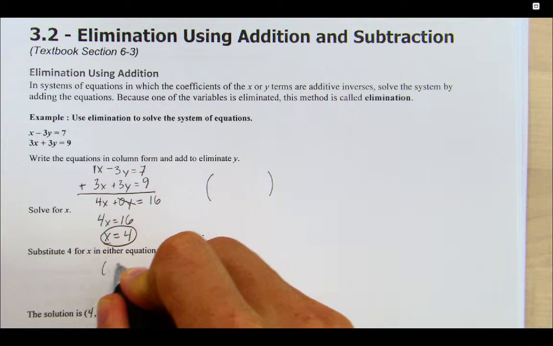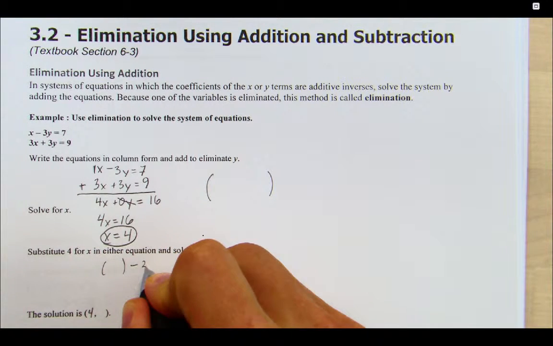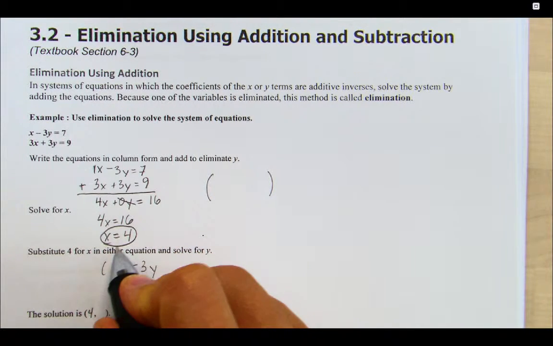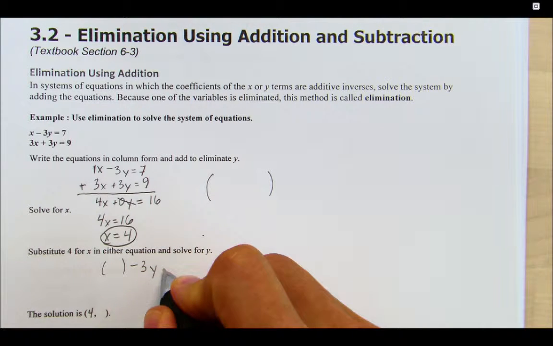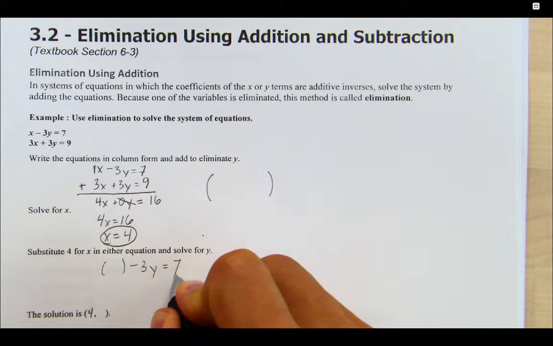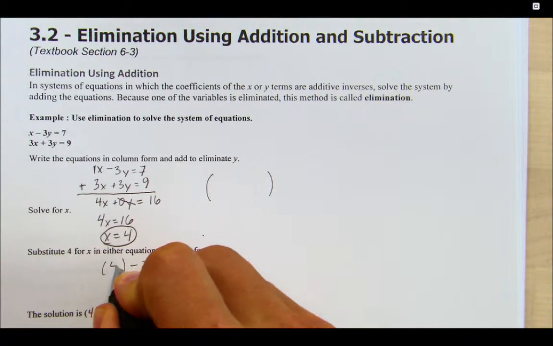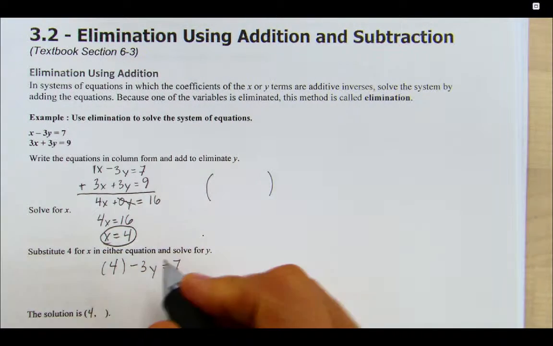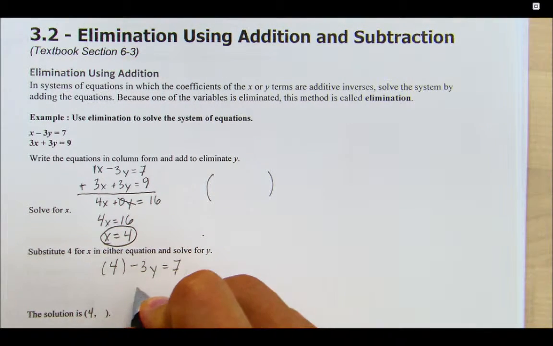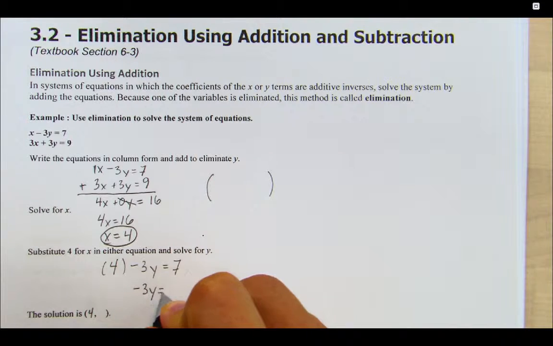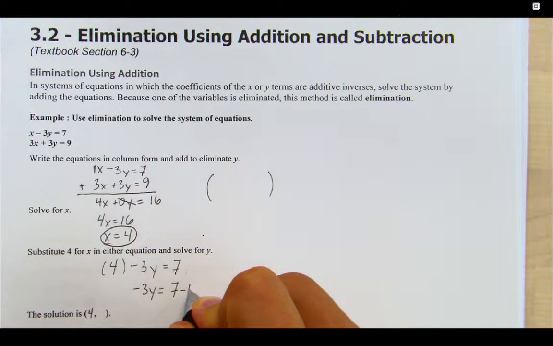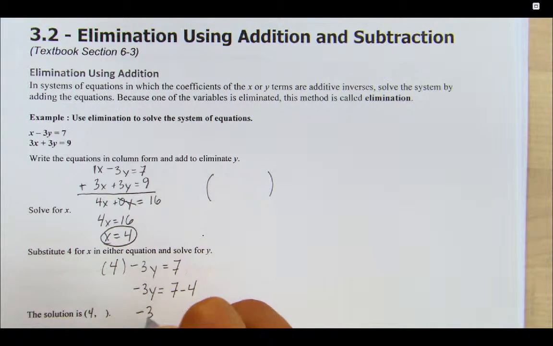I'm going to rewrite that equation, and rather than writing in x, I'm just going to leave a little space for it. I'm going to substitute that x into there, and now I'm going to go ahead and solve for the y. And y is equal to negative 1 there in the end.